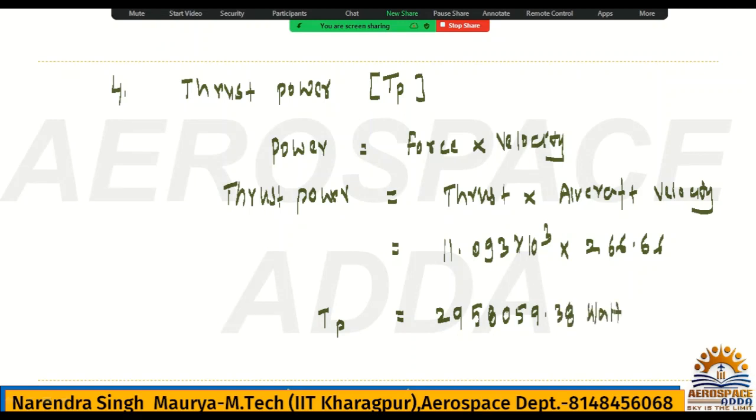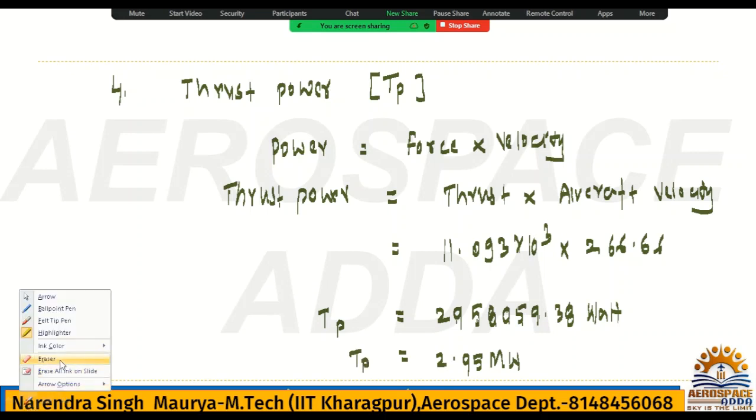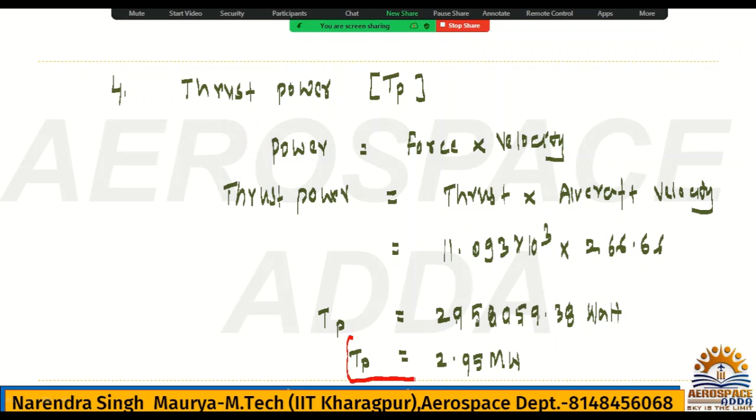It's a power, so watt, or you can say 2.95 megawatt. This is the thrust power.